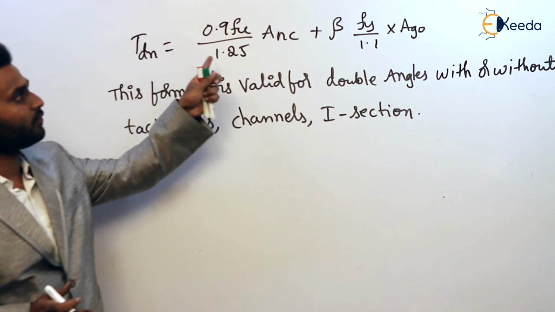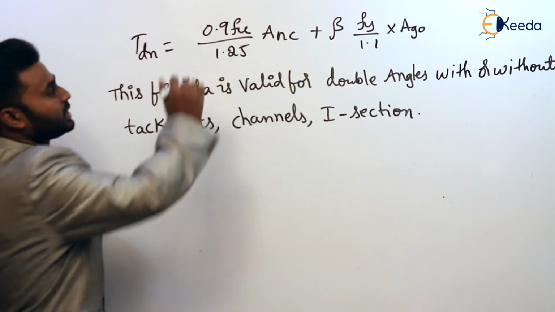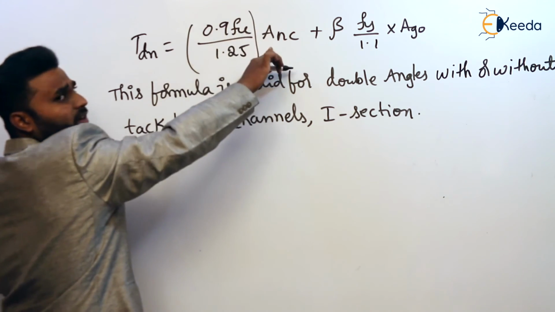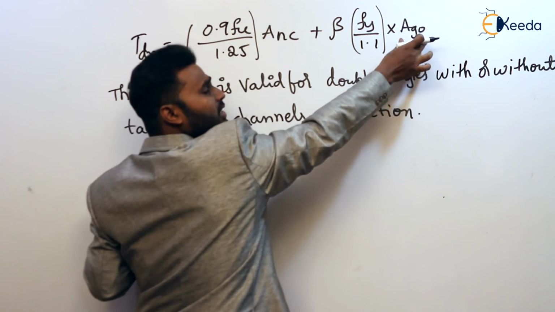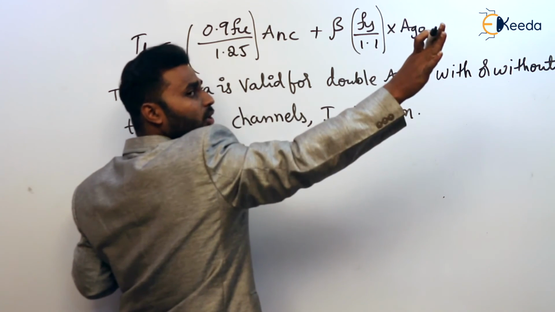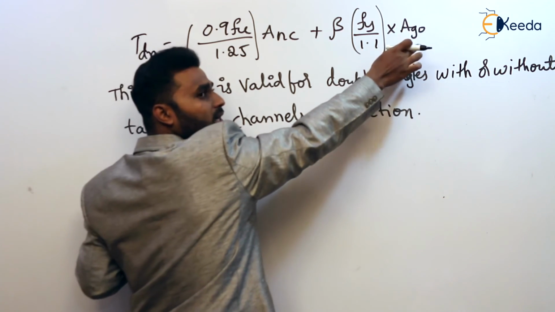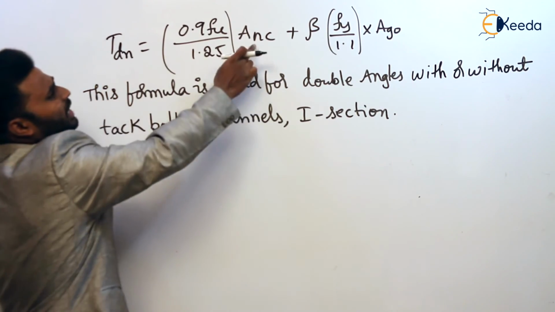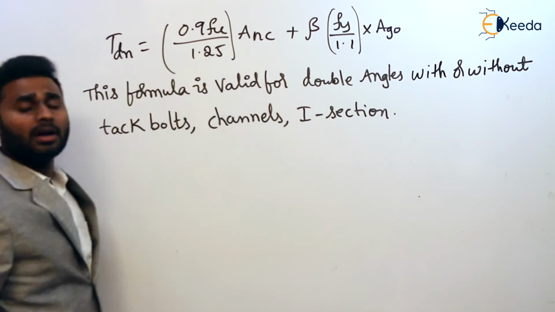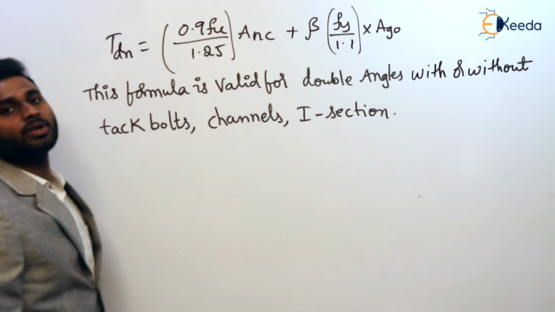So 0.9 Fu by 1.25 into Anc: this is the permissible stress into area of the connected leg, and this is the permissible stress into gross area. Why? Because there are no holes, no bolts are provided. So gross area we should take, and beta is the reduction factor. If it is a weld, for Anc also take gross area only. No need to deduct bolt holes.